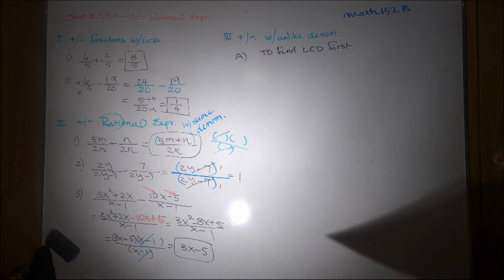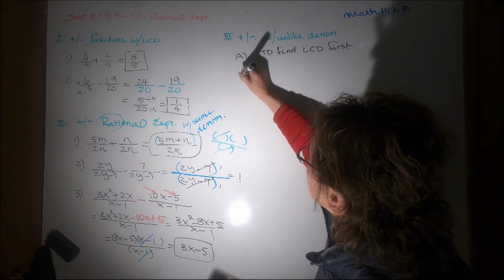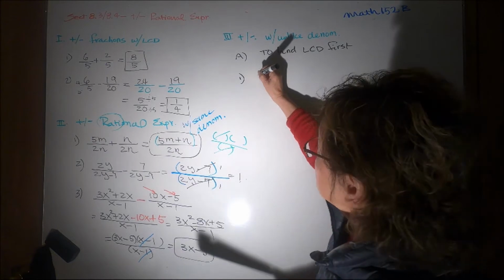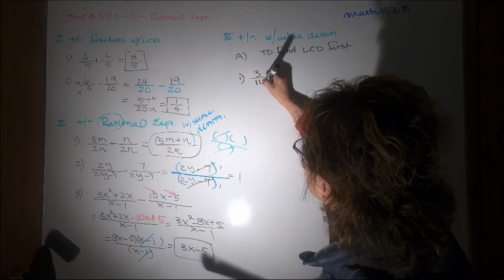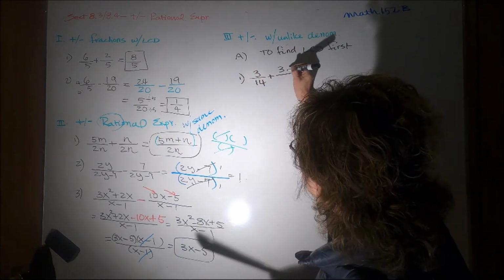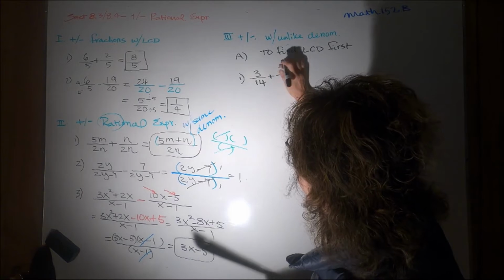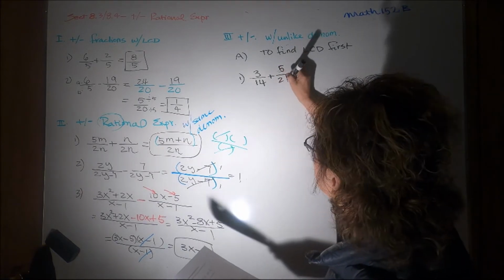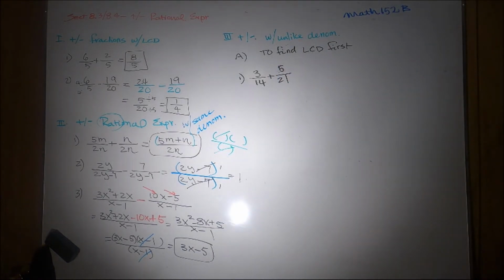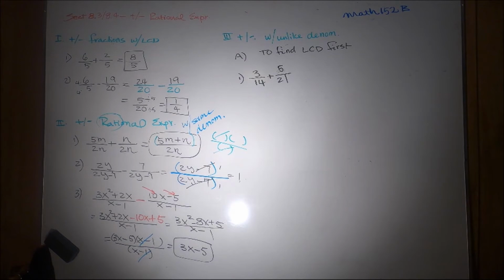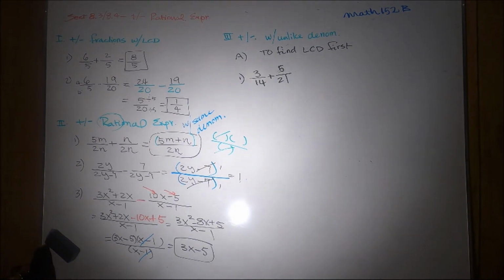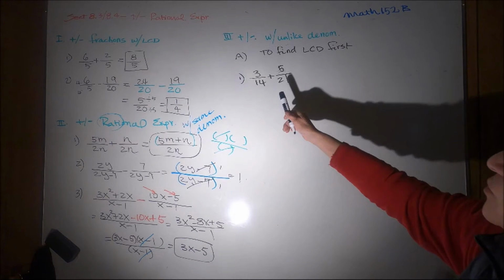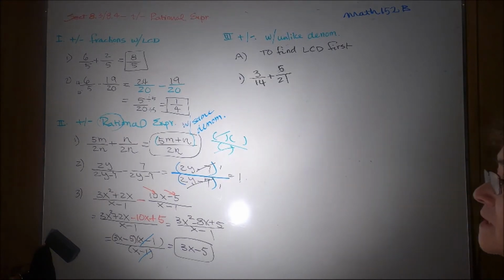So you look at some examples with numbers first. So if I have 3/14 plus 5/21, right? And to find the same denominator that 14 and 21 both can go into, find the LCD.